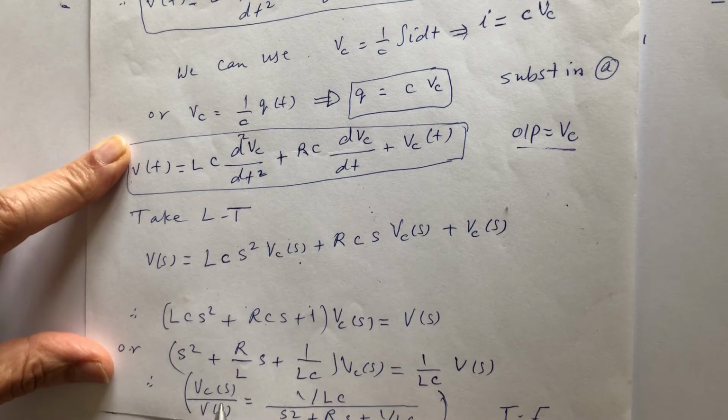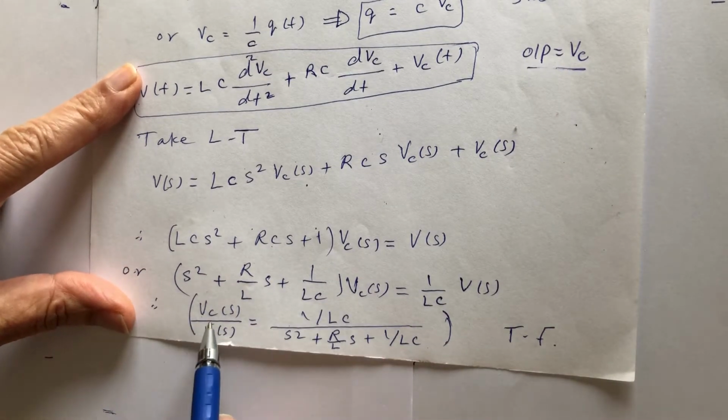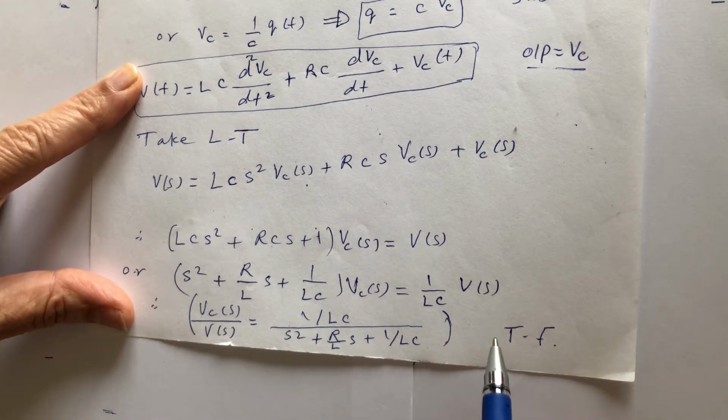Or if we divide by LC to make the coefficient of s square equal to 1, then we'll have Vc of s over V of s equals 1 over LC over s square plus R over L s plus 1 over LC. This is the transfer function.